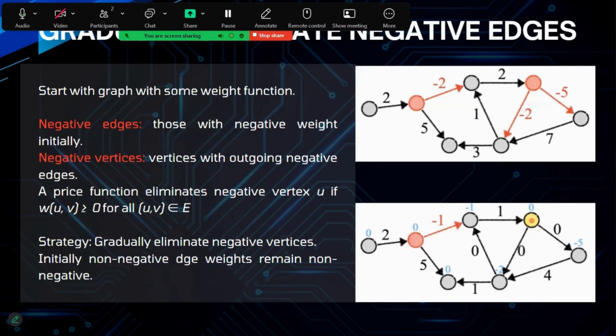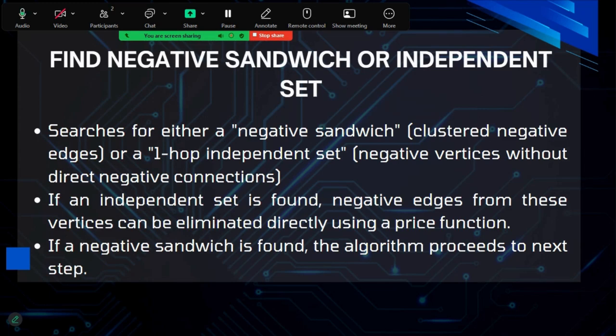So now moving on to the third step. Here, if we find a one-hop independent set, which is basically negative vertices without direct negative connections, those can be eliminated using the Johnson algorithm, as mentioned by Hussein earlier. Otherwise, we look for a negative sandwich, which is a cluster of negative edges.